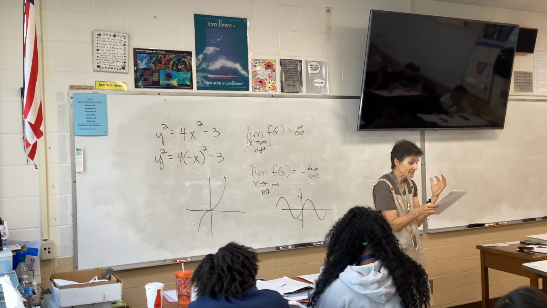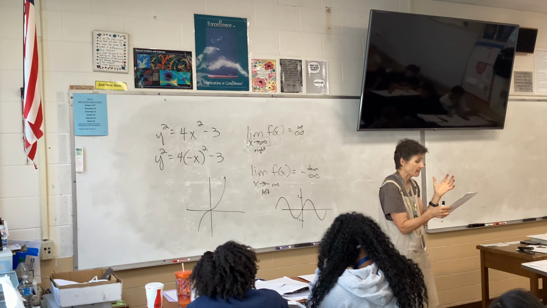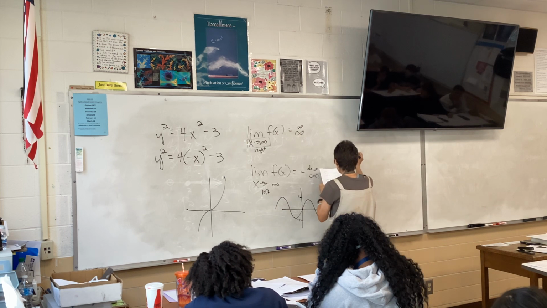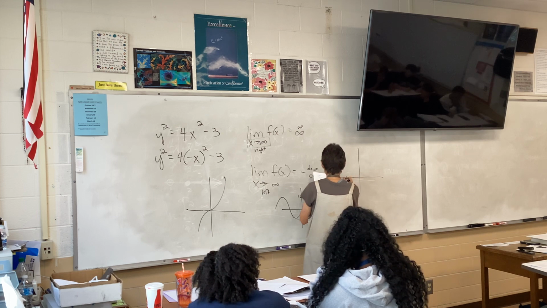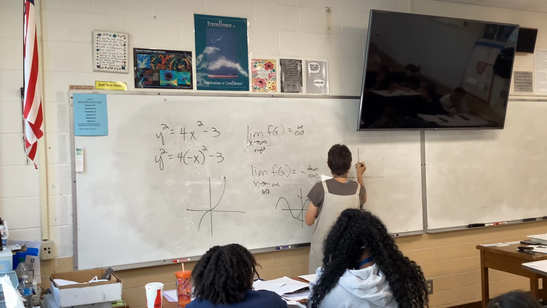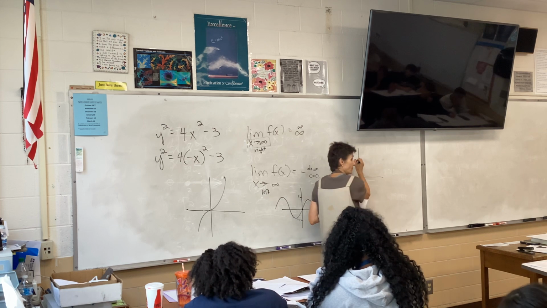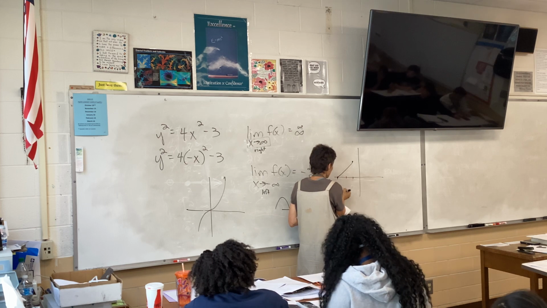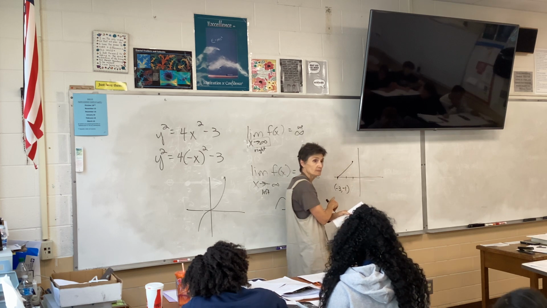Is it at all increasing anywhere? Yes. Where is it increasing? Well, increasing means going up, right? So start drawing it. Aren't you going up on this little section right here? Okay, so it starts at -3 and it goes to -1. In that little span of time, I'm going up.